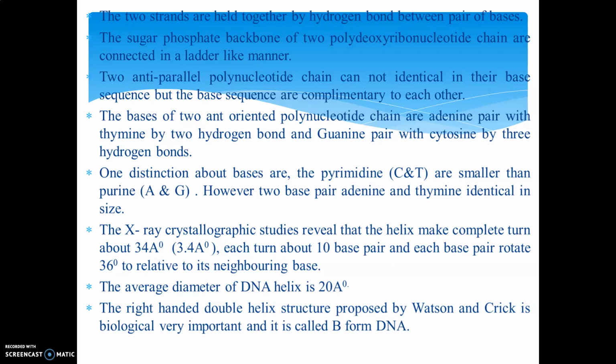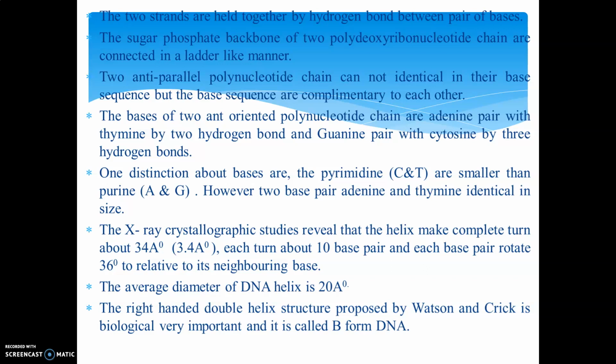The bases of the two anti-oriented polynucleotide chains pair as follows: adenine pairs with thymine by 2 hydrogen bonds and guanine pairs with cytosine by 3 hydrogen bonds. One distinction about the bases is that the pyrimidines, cytosine and thymine, are smaller than the purines, adenine and guanine.